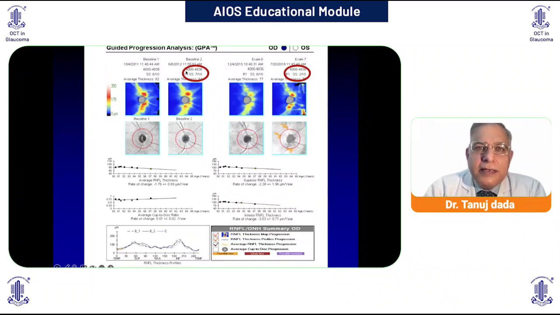Signal strength at baseline is 7 out of 10. And here signal strength is 2 out of 10. So actually the progression is a pseudo progression which is occurring because the patient is developing cataract, and that is impeding the signal, and that is causing a false underestimation of the retinal nerve fiber layer thickness and coming out as progression.